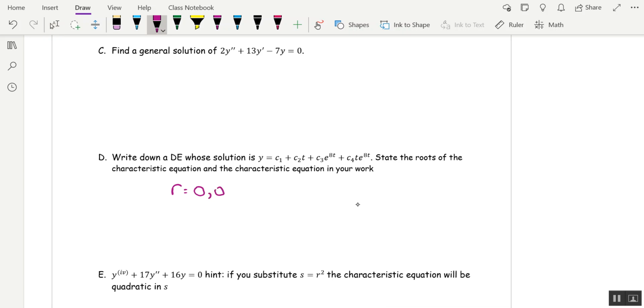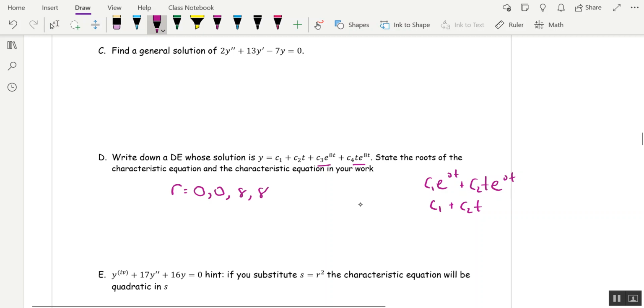Because you would go C1 e to the 0t plus C2t e to the 0t, which is C1 plus C2t. So you have a repeat root of 0, and then these guys, this is saying you have a repeat root of 8. So you have 2 zeros and 2 8s.